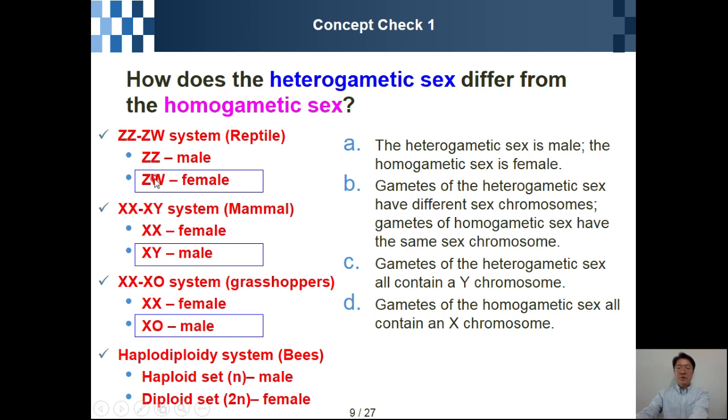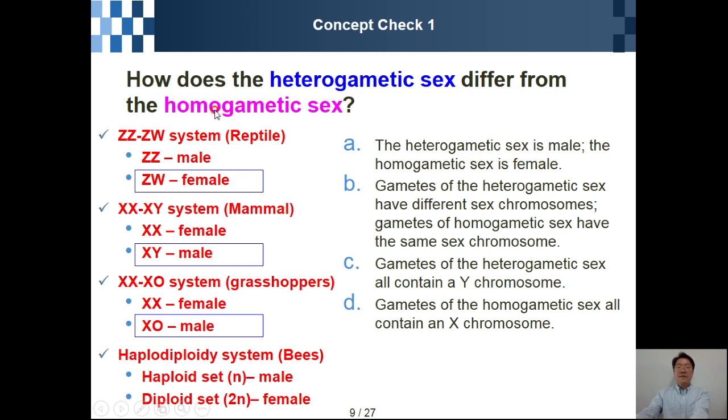Usually ZW occurs in the female in reptiles, and also XY is male in mammals, and XO is male in the grasshopper. But the question is, the heterogametic sex is a male and the homogametic sex is a female. Is it right? It is wrong.